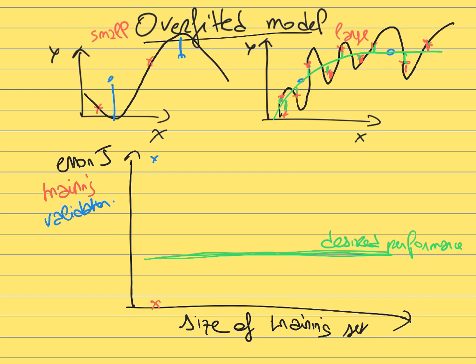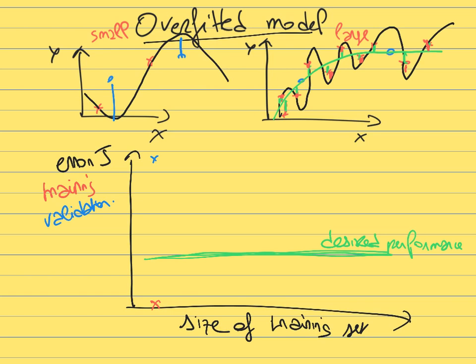Because your model is so complex, because it's so deformed, and because it's making a lot of effort to go through every single point of your training set, the error of your training set will remain pretty low and lower than what you think should be the desired performance.